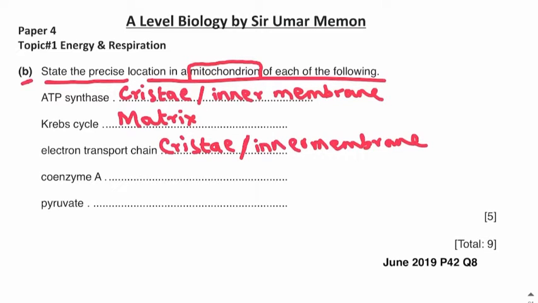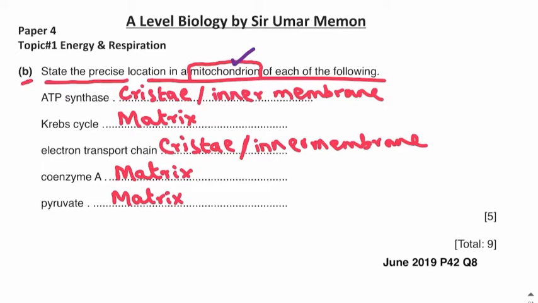Coenzyme A, which takes part in the link reaction, is found in the matrix. Pyruvate is found in the cytoplasm and the mitochondrial matrix, but in this question we have to state the location in the mitochondrion. So that will be the matrix, not the cytoplasm.